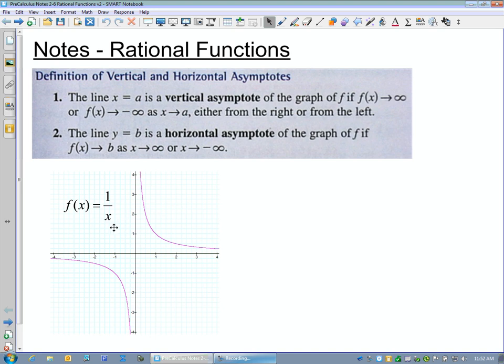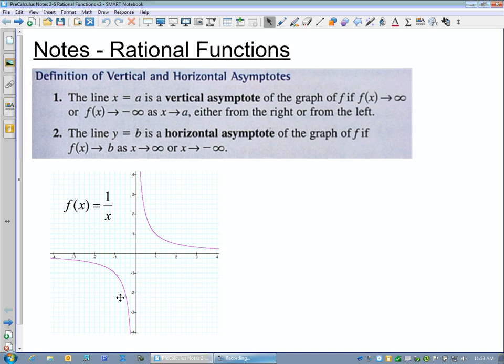Likewise, as x becomes a very large number, 1 over a large number is a very small number, so the end behavior to the right, which would be the horizontal asymptote, is that f of x is going to approach 0. The y value will approach 0 as x goes off to the right, which we say approaches infinity. So to the right, the value of the function gets very small, and then as you approach 0 from the right, the value gets very large.